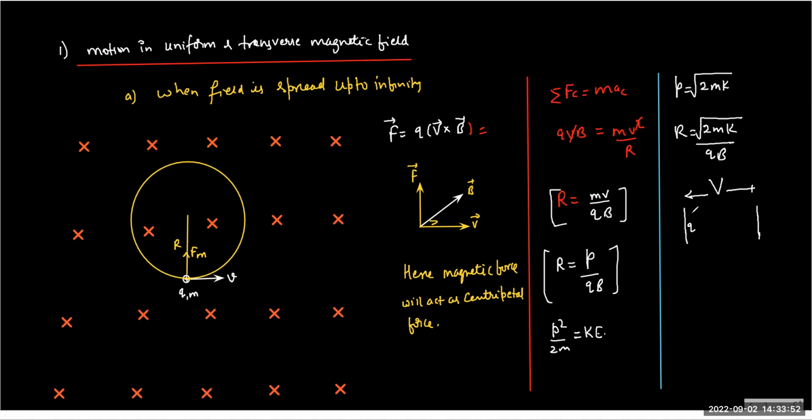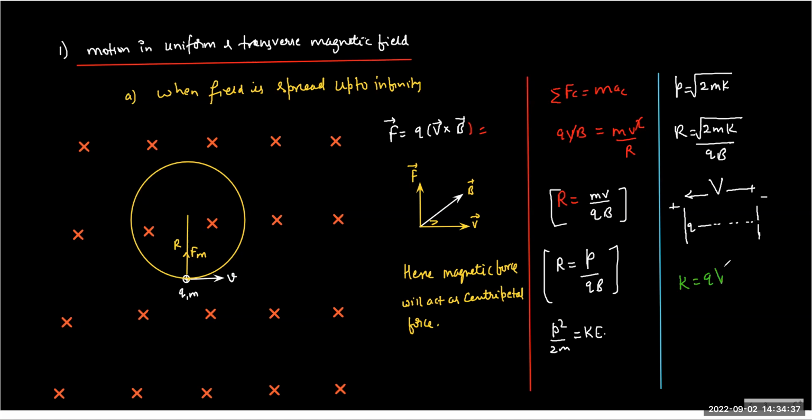So let's say we have a charged particle, this is plus, this is minus, so it will accelerate from here to here, and let's say from here it comes out. So when a charged particle accelerates through a potential of V, then its kinetic energy you can write as, the kinetic energy of a charged particle will be how much?